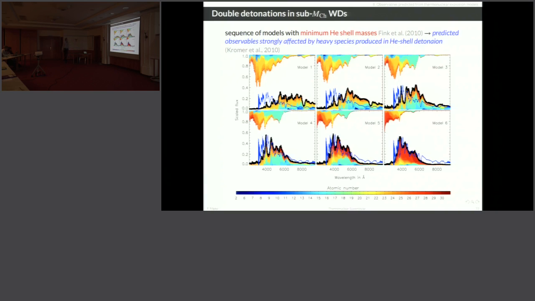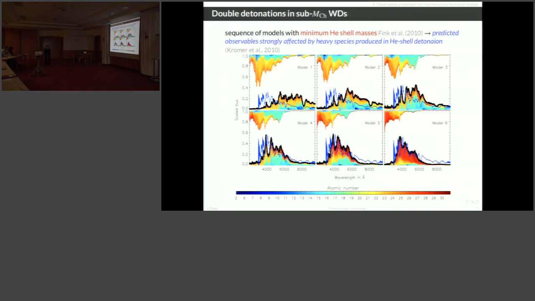Now if you model spectra of such explosions, as Markus Kromer did from our double detonation scenarios, you will see that these models have a substantial problem. And the problem is because you have first the detonation in the helium layer and only later the detonation in the carbon-oxygen core.